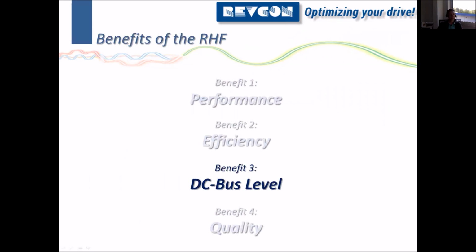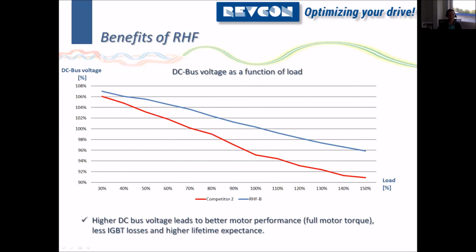Okay. So the next advantage of the 2-stage design filter is actually the DC bus voltage. A very common argument against the passive harmonic filter is that you have a DC voltage drop because of the impedance or the inductance inside the filter.